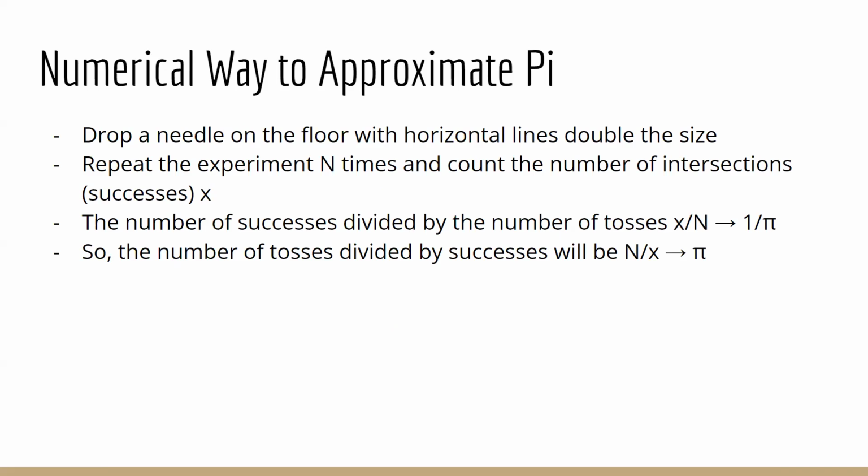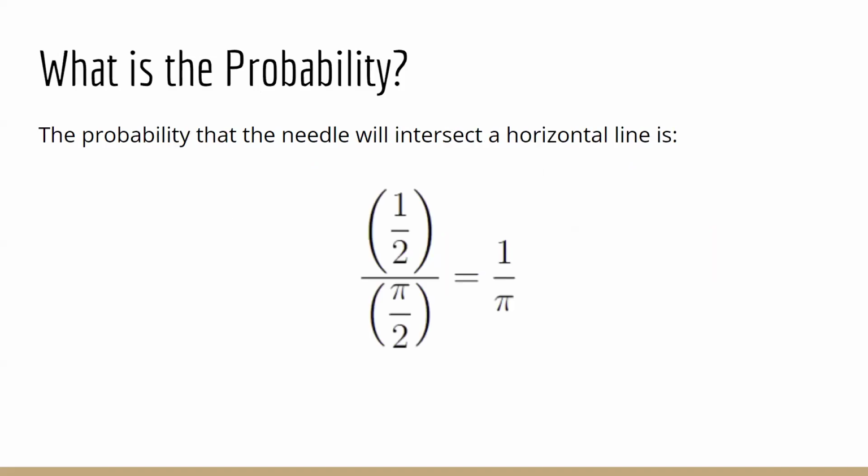You repeat this experiment n times and count the number of intersections. We're going to call the successes x. A success is going to be an intersection. So if you do that hundreds of thousands of times, the number of successes divided by the number of tosses will give you what we did before, this value of 1 over pi.